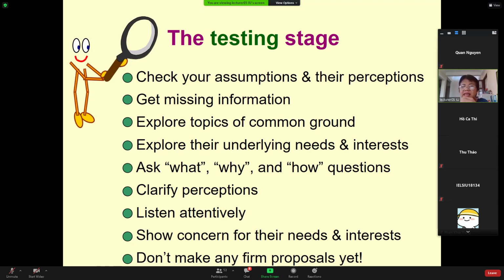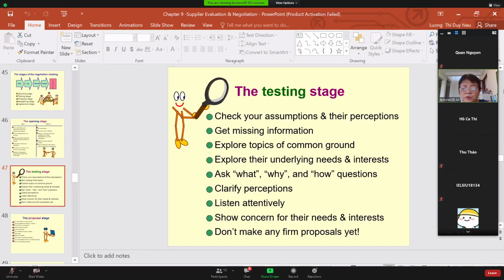Any questions so far for the testing stage? Okay, if not, then we are taking a break of about 10 minutes before we come back.